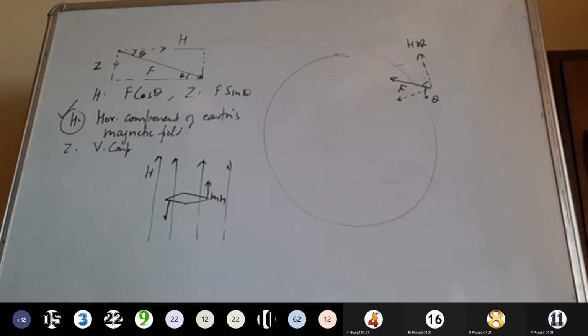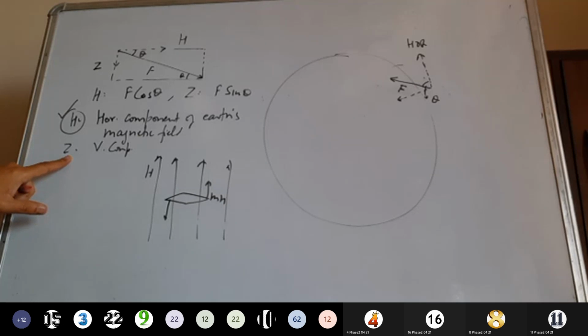So in the horizontal plane, which force will be acting on the magnetic compass needle? H or Z or F? H. So it is this force H which makes the magnetic compass a magnetic compass. This is the most important force. That is why in some books this is shown as a third component, because Z is not doing anything.